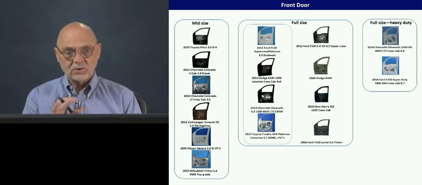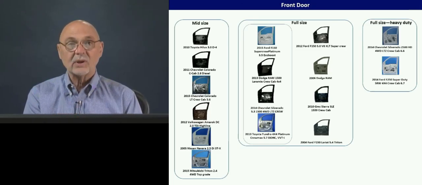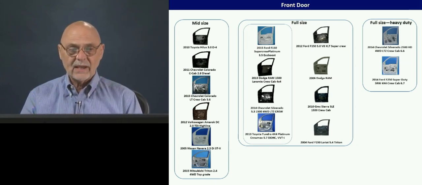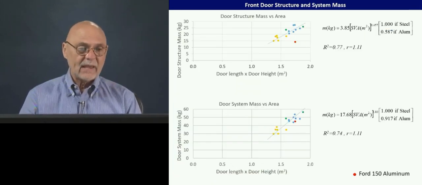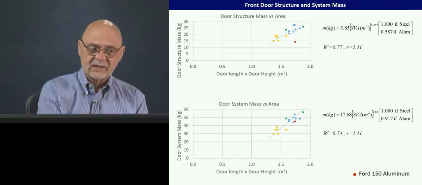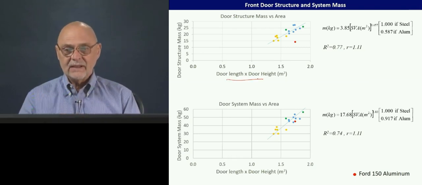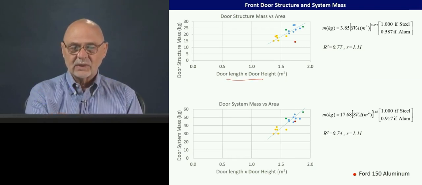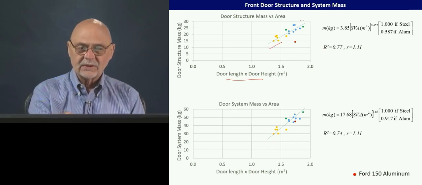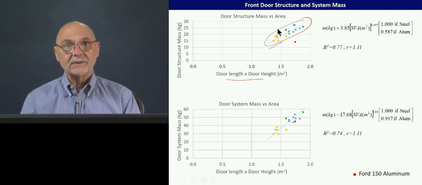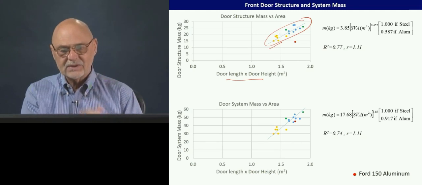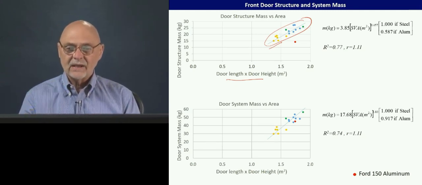Did the same thing for doors. Again, these are the pickup truck doors that we're looking at. Here the main mass driver is just the size of the door in the side view. You can see the relationships. These are the steel in the different categories, the mid-size, the full-size, the heavy-duty trucks.